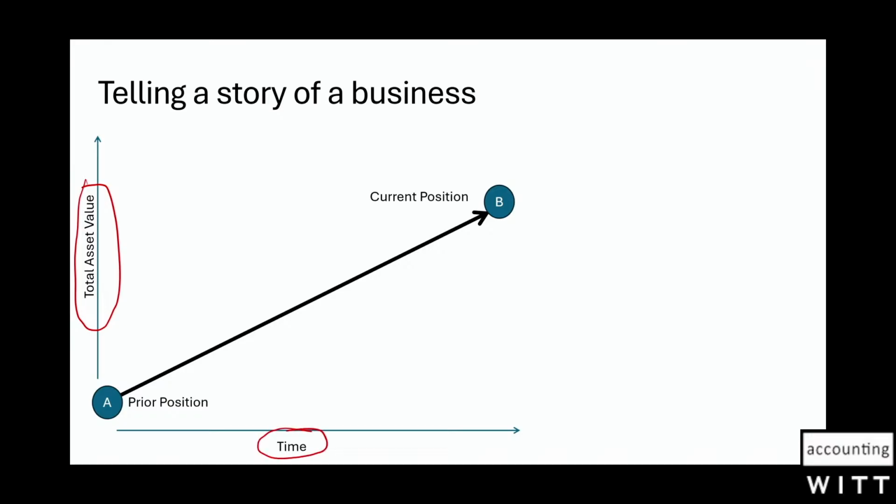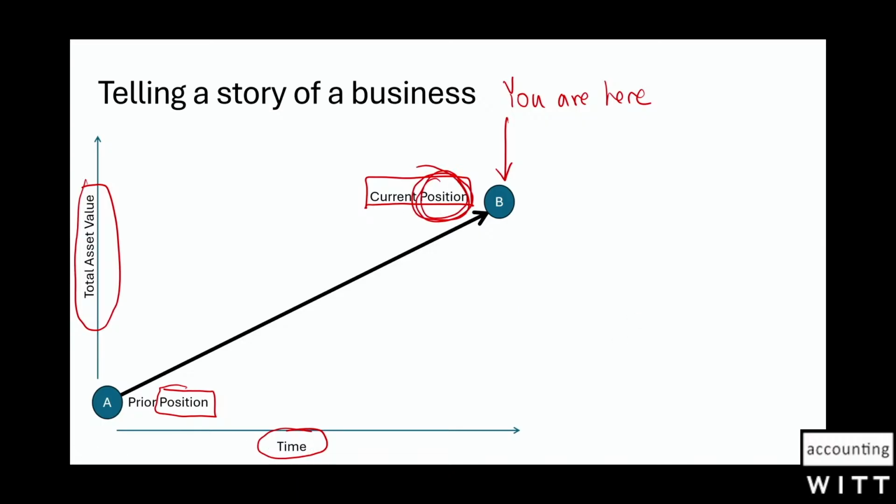And it's telling you the position of a company between points. So let's say right now, you are here. It's saying, hey, I'm telling you a story and I'm going to tell you my current position.